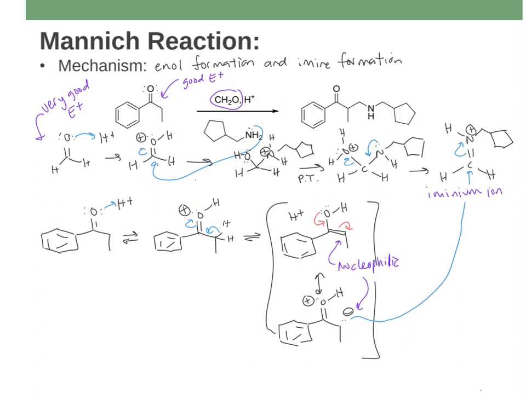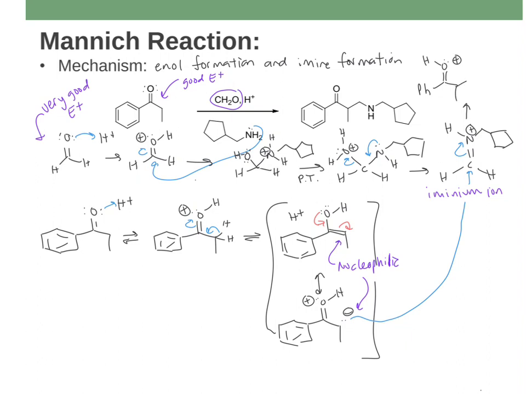I'll draw it up here. Here's what that is supposed to look like. I'm going to draw Ph instead of the ring to save myself some room. So Ph, double bond O, still has the positive charge, the hydrogen on it.